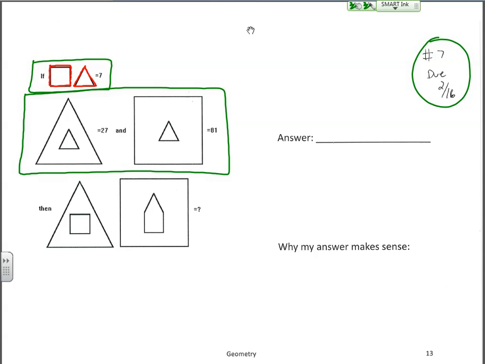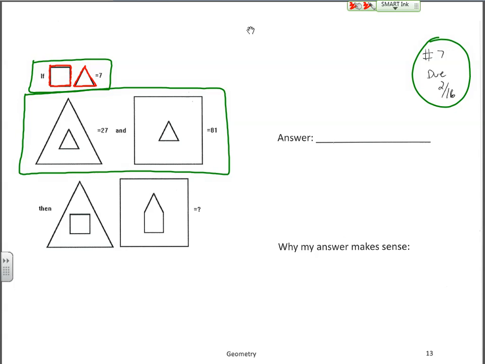It says a triangle within a triangle is 27, and a triangle within a square is 81. And we looked at this, and we can conclude that the rule of side lengths is going to continue here. So we've got a triangle within a triangle, each with 3 side lengths.